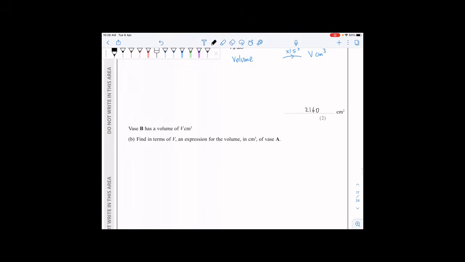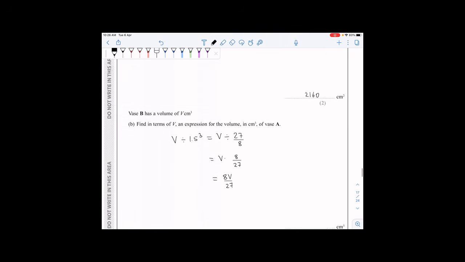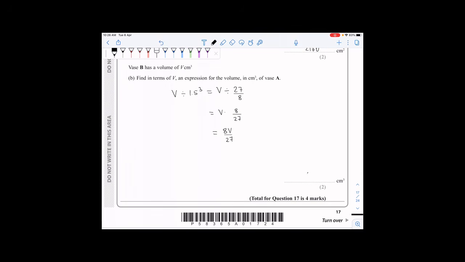So I need to do V divided by 1.5 to the power of 3, which is V divided by 27 over 8, which is V times 8 over 27, which is simply 8V over 27. That's an expression for the volume of A in terms of V, 8V over 27.